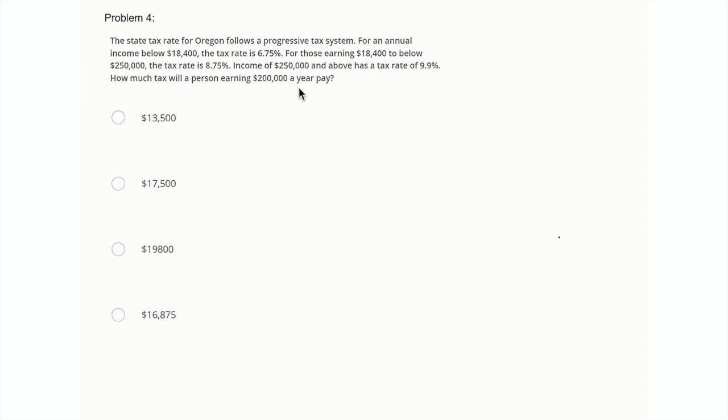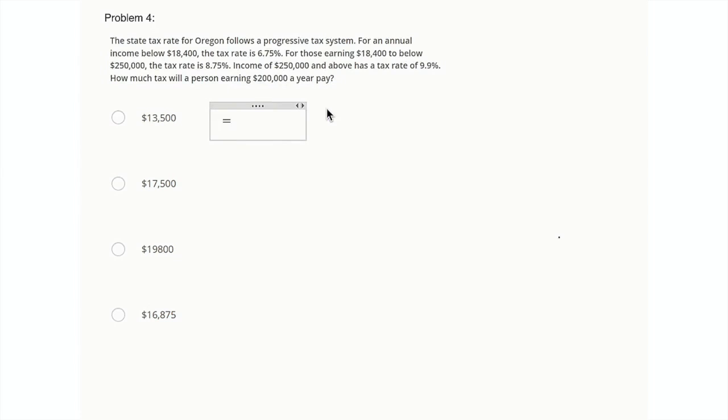So 200,000 falls into that middle bracket, right? Between 18,400 to 250,000. It's in there. So for that amount, the tax rate is 8.75% of the income. So what we want to find, this is a percent problem, we want to find 8.75% of 200,000. So in order to do that, let's bring a little equation in here.